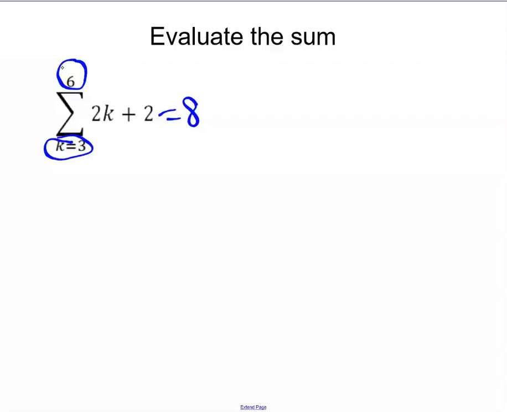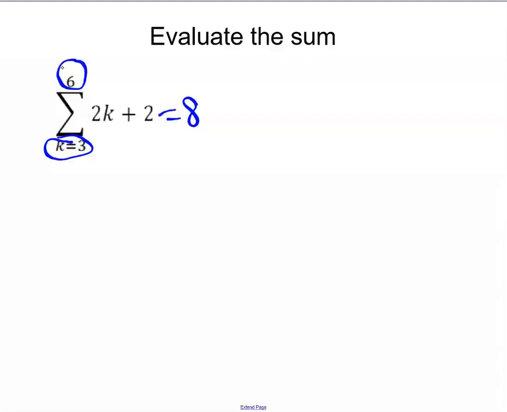We only need it in one place just to let us know which letter we're plugging in for. Because there are applications of these summation problems where you might have multiple letters in there, but only one of them is the one that you're plugging stuff in for. That gets more into calculus level stuff, but that's why we have that letter attached to the bottom, just to say this is the letter that you're plugging these numbers in.